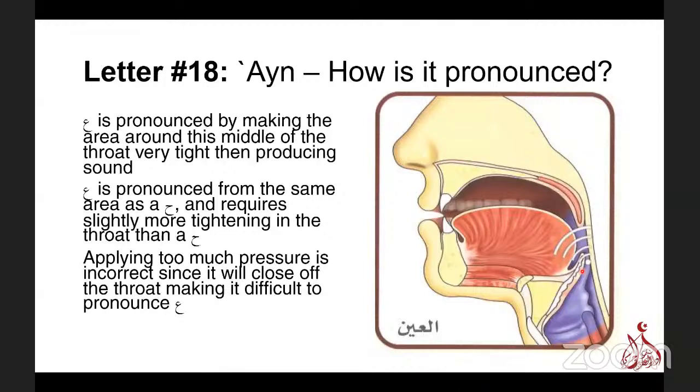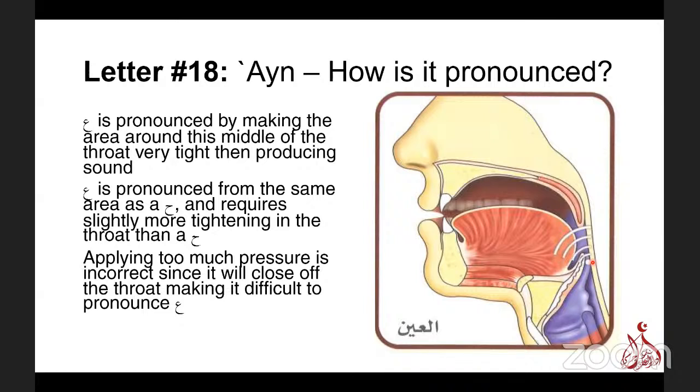But if you learned Ain a very long time ago and it's still coming out very, very strong, then what's actually happening is that the middle of the throat is under so much pressure that it's almost completely closing off. When someone closes off that part, it makes it very difficult to pronounce the Ain.